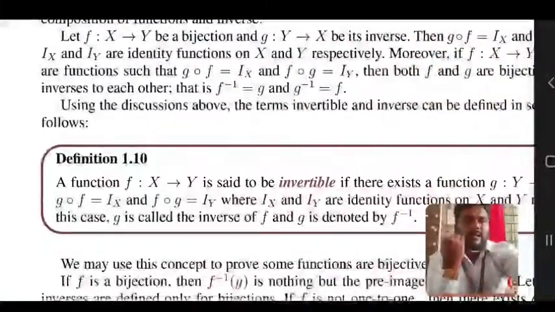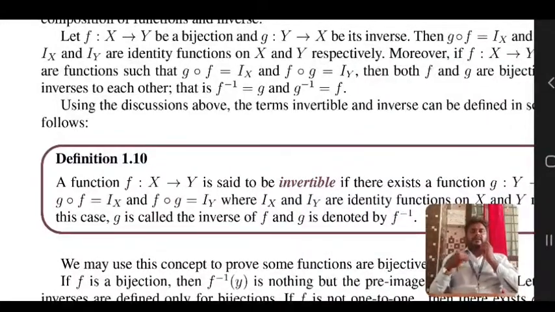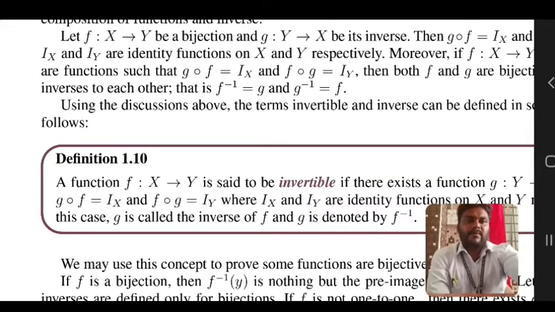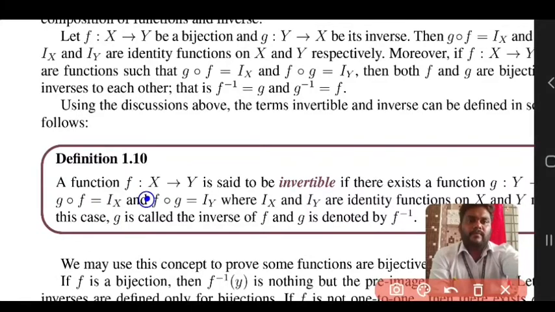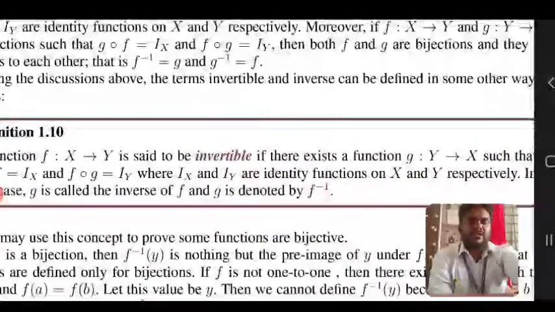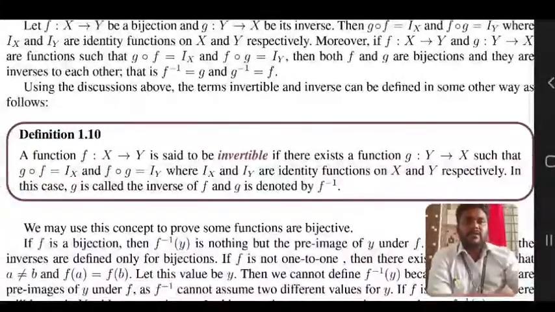Next, the definition of invertible. A function f from X to Y is called invertible if there exists a function g from Y to X such that g composite f equals I_X, the identity function of X, and f composite g equals I_Y, the identity function of Y, where I_X and I_Y are identity functions on X and Y respectively.